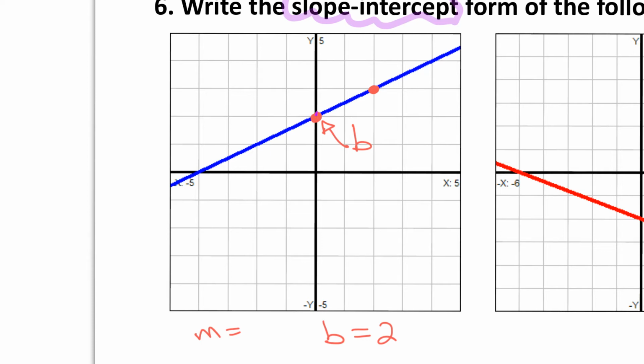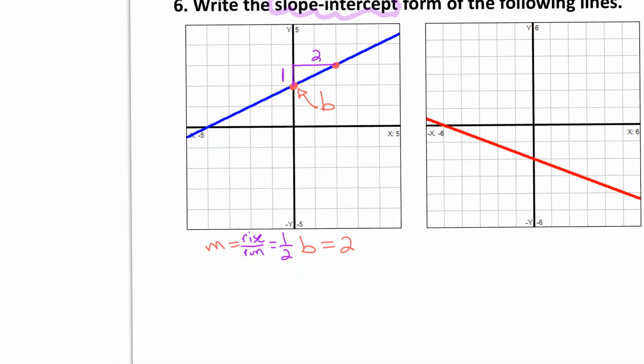So from the y-intercept, I need to go up 1 unit, and I go to the right 2 units. So remember that my slope is rise over run. And when you guys substitute the numbers, I have 1 over 2. Rise is 1 and the run is 2.